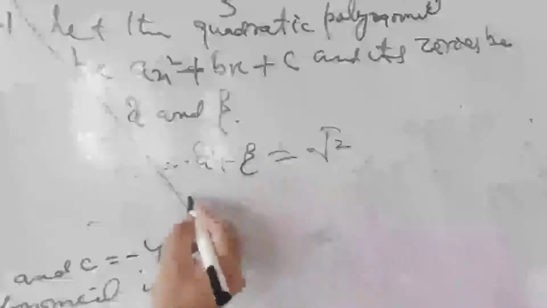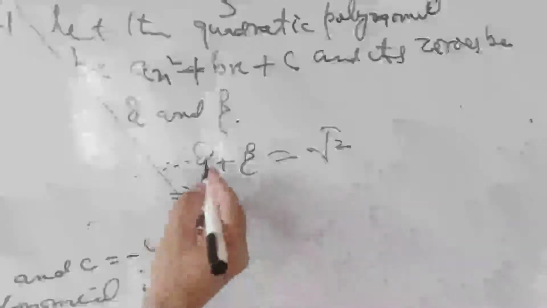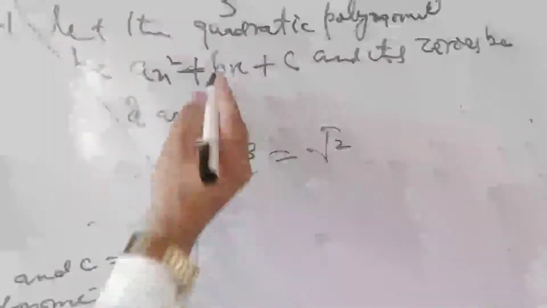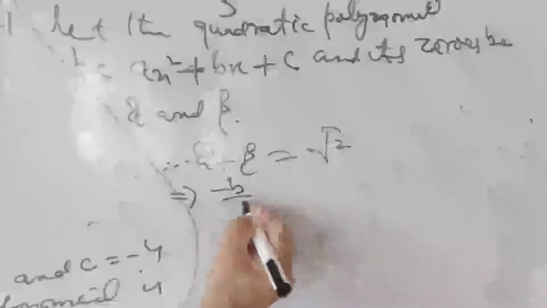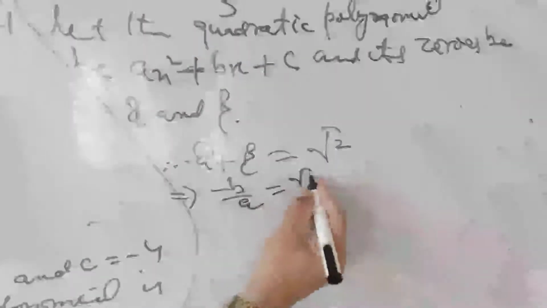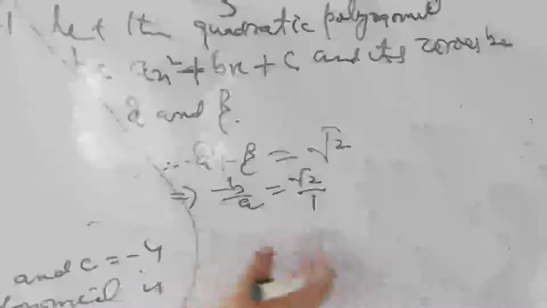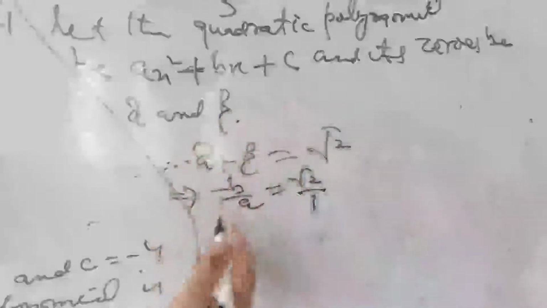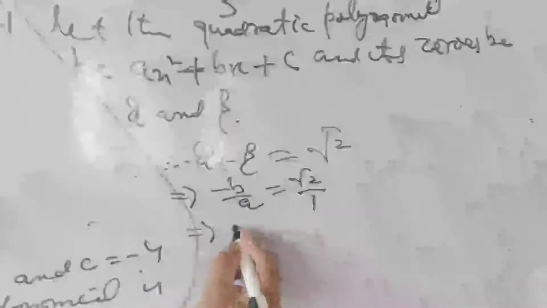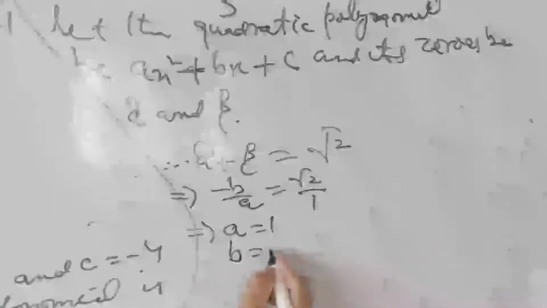Therefore, we know that sum of the roots is equal to minus b divided by a is equal to square root of 2. Square root of 2 divided by 1, that is the same case. Square root of 2 divided by 1 means square root of 2. This implies a is equal to 1, b is equal to minus square root of 2.